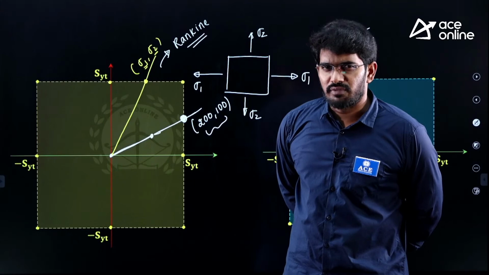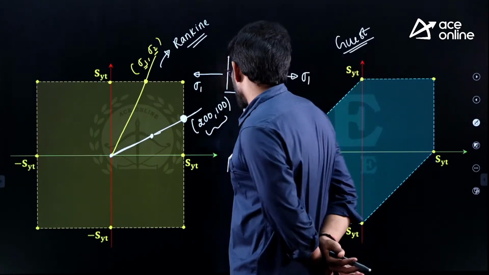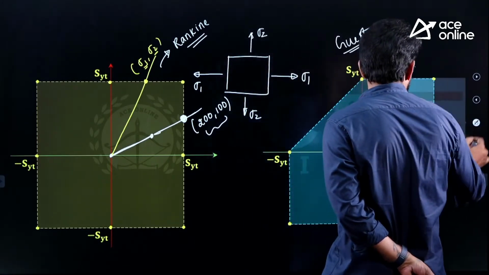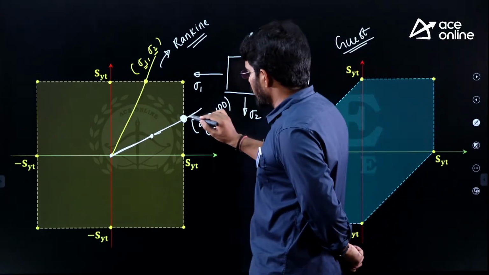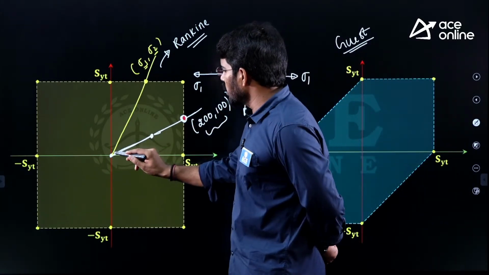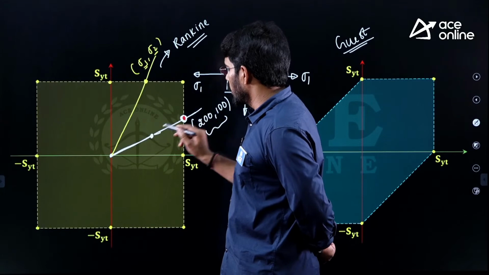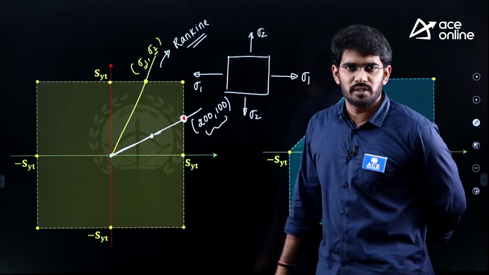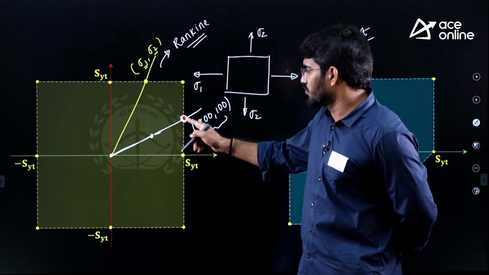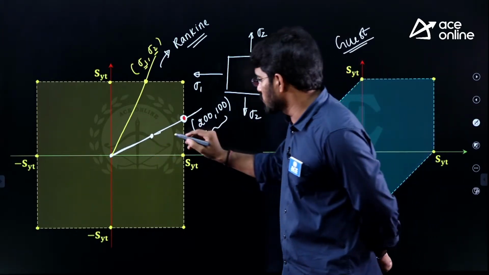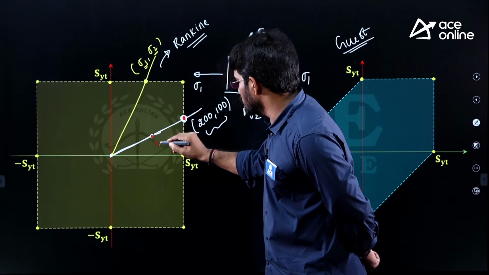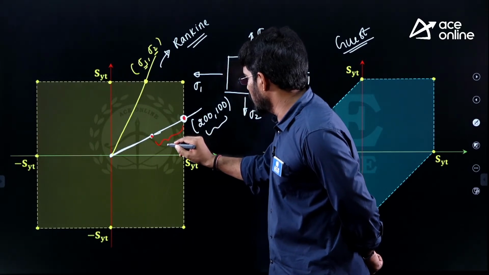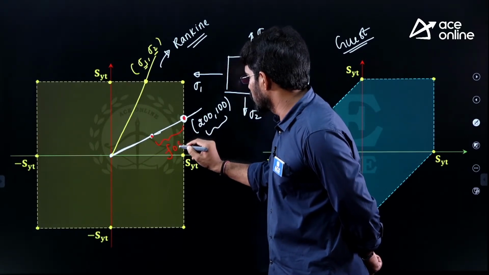Now, if you observe carefully, this is the failure point, and the more you load, the nearer you get to the failure point. As you near the failure point, let me assume that this distance represents the factor of safety.